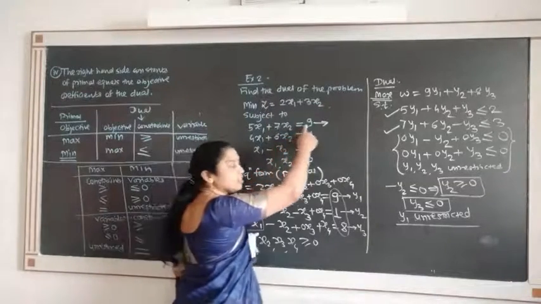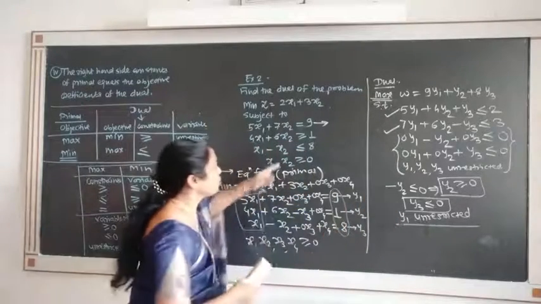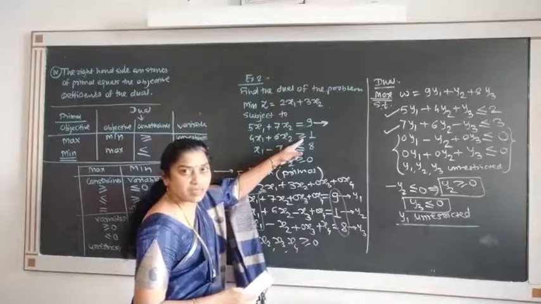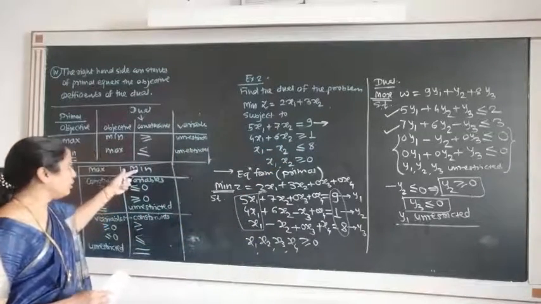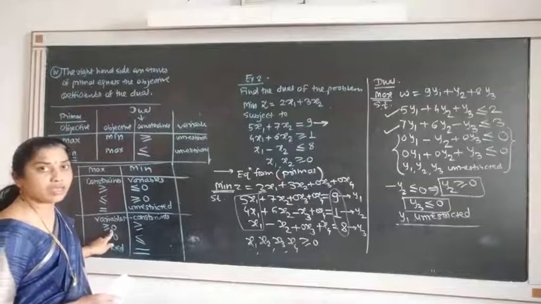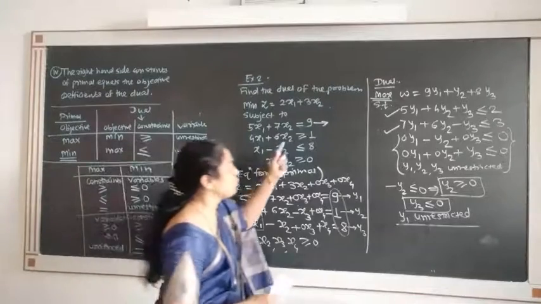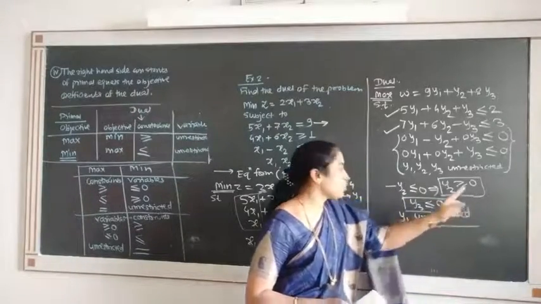So the first constraint is equality, so the first dual variable is unrestricted. This constraint is greater than or equal to. If in minimization the constraint is greater than or equal to, the variable is also greater than or equal to 0. So the second variable, y2, is greater than or equal to 0.